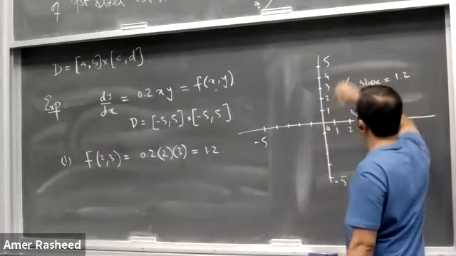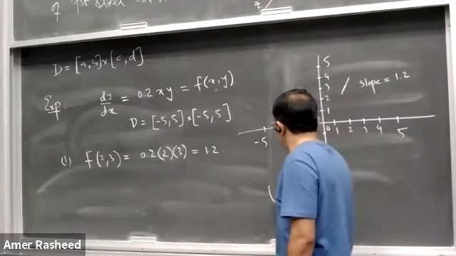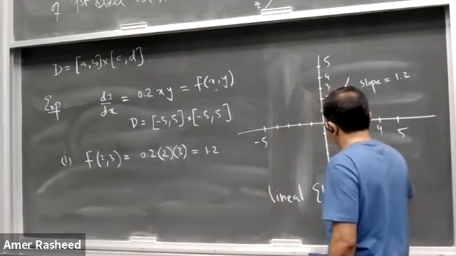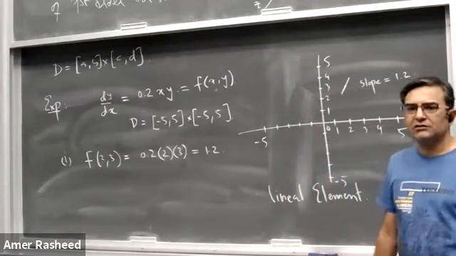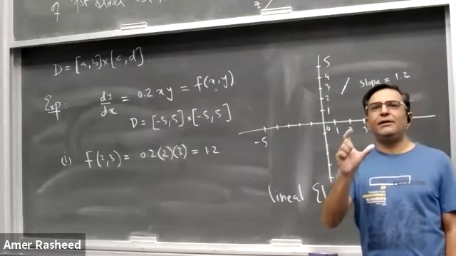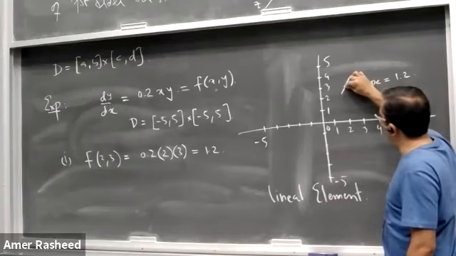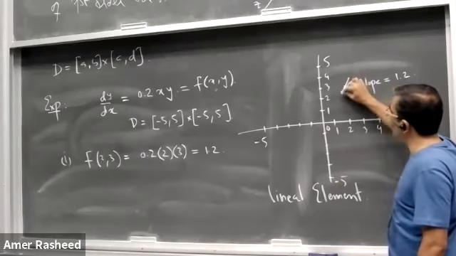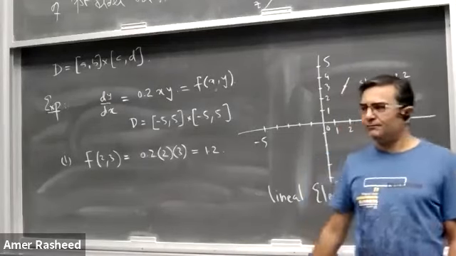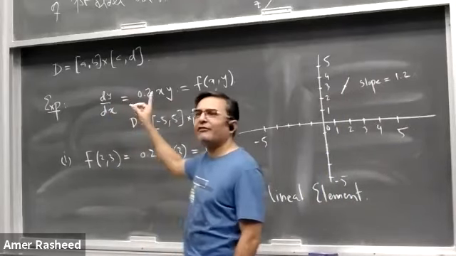This thing is called a lineal element. A lineal element is a small piece of line which passes through the point and which shows the slope at that point, corresponding to this equation, the f of x, y.